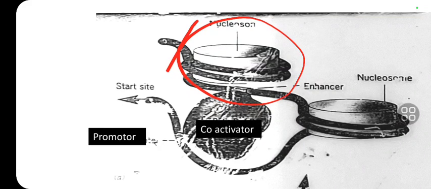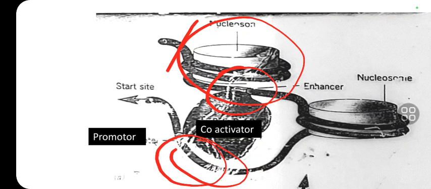This particular structure enhances the transcription by making the enhancer and the TATA box or promoter region come closer, so that they can be attached by the co-activator, and hence it can initiate the transcription.